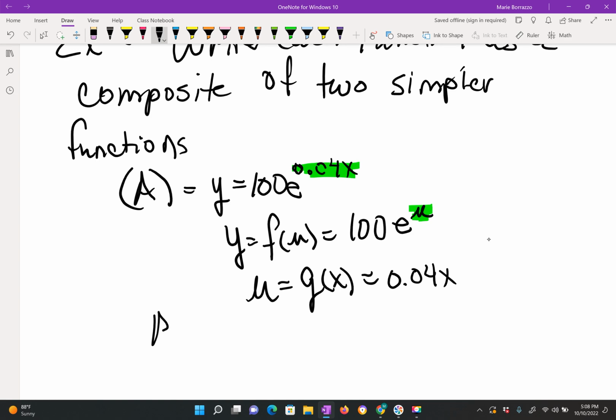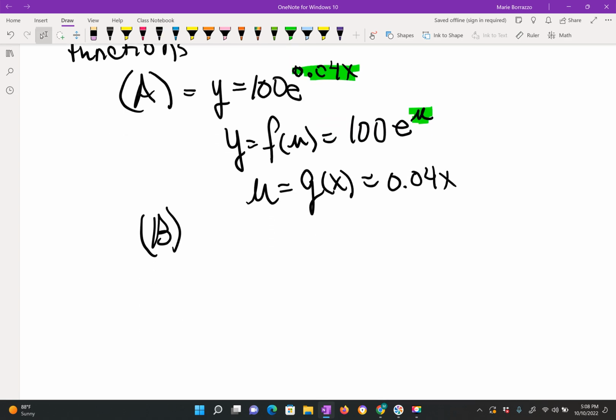So in part B, they give you one more little example. And they say, okay, well, what if we give you y equals the square root of 4 minus x squared? What do you think? What is the f of u in this case? What's the exterior function?